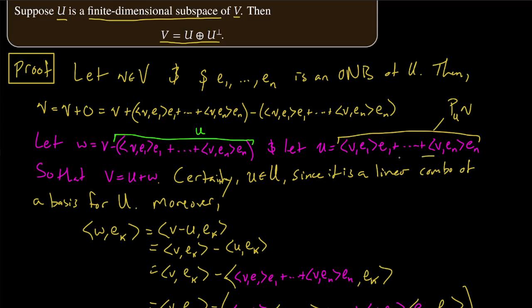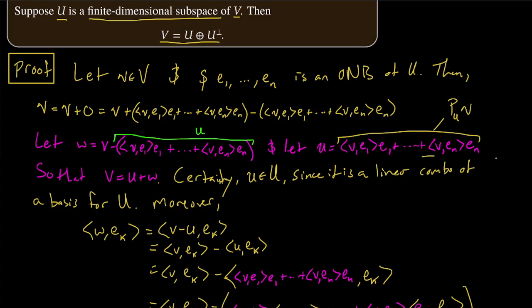Basically, just pretend that V lived in U and you were writing it as a linear combination of the basis elements. You would just use this formula right here. We did that last time. We showed that if you've got a vector V in a finite dimensional inner product space and an orthonormal basis, then the coefficients in the linear combination of those basis elements are just the inner product of the vector with the corresponding basis element.